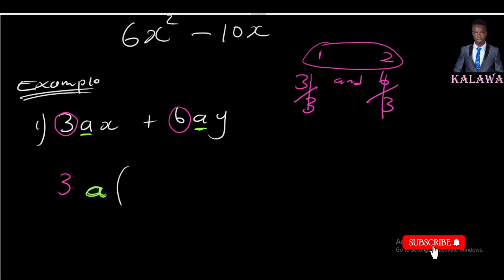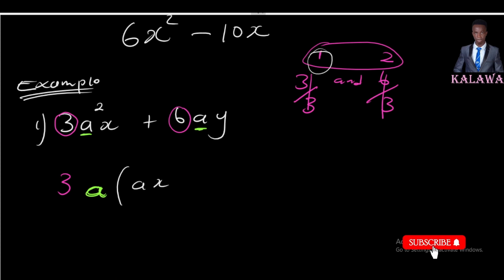So we'll continue. What is left here? Remember, 3 divided by itself is 1. So because it's 1, 1 times what? And what is here? This is a. So we cannot say again ax because we already have a outside, which we have taken. If this should have been a square, that's the period where we should have said ax.